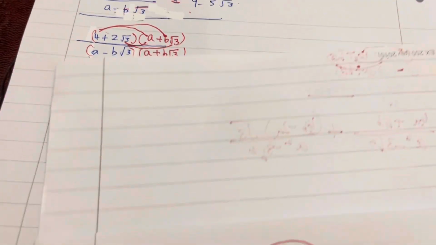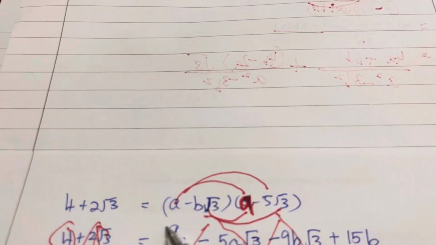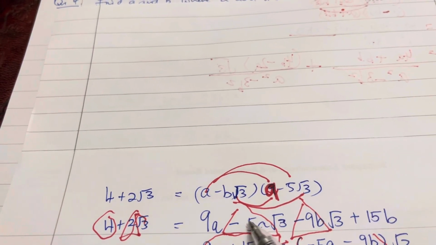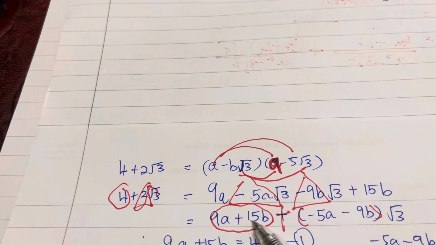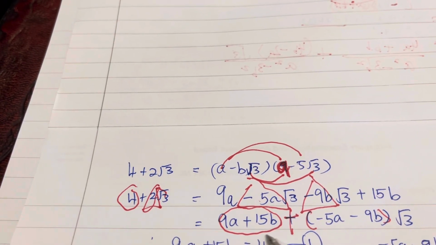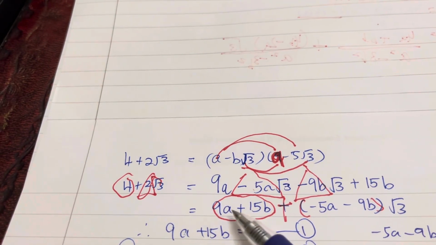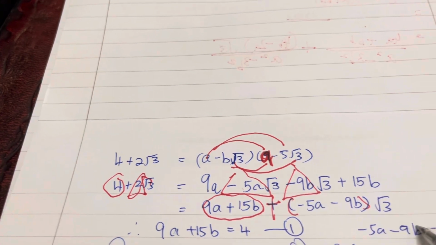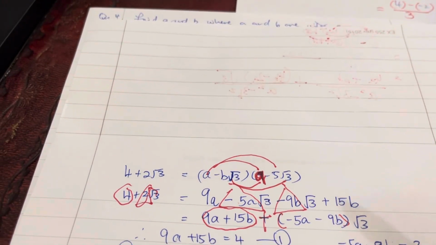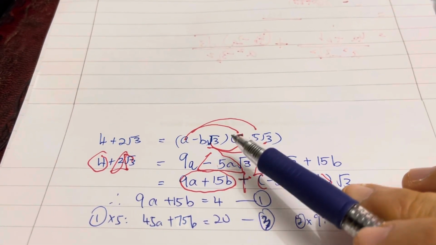Alright, so what you can do is, sorry about this, some of you may be tempted to cross multiply. Okay, so when you cross multiply, then you will get these. Okay, and then you compare the coefficient, as in after grouping all the constant terms together and all the surds together, you compare the coefficient. This is 4, this is square root 3, right? Then you can do accordingly. But it's actually not very easy.